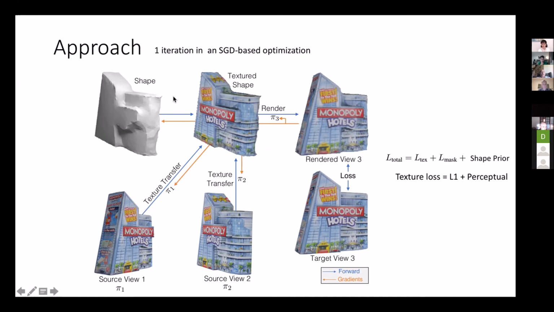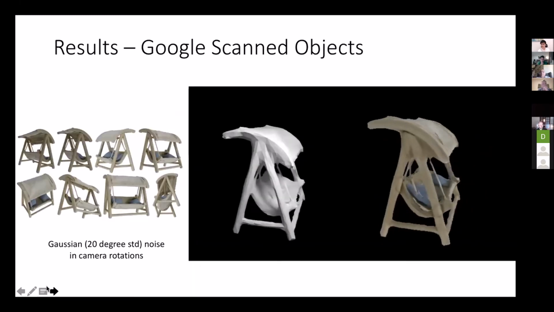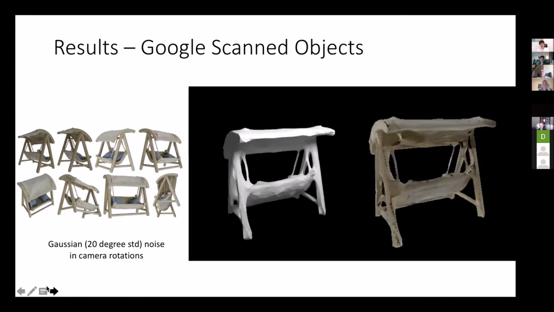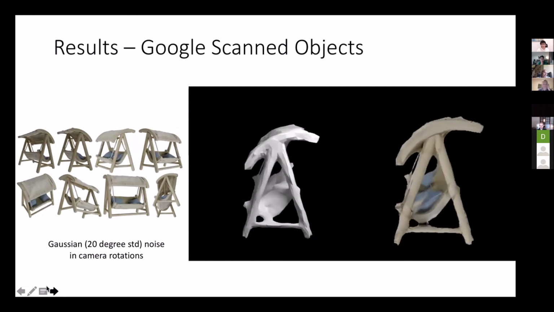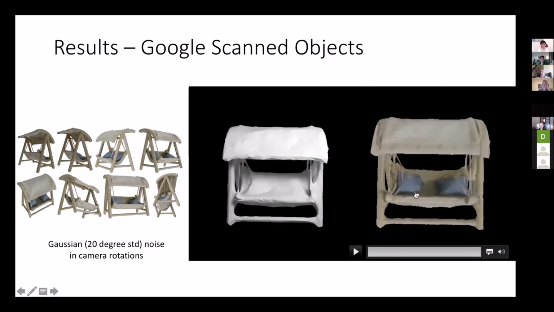Hopefully the shape gets a little bit better and the cameras get a little bit better. And that's it. You're done. You've learned the whole algorithm. You don't have to read the paper. I'll just show you some pictures and try to convince you that this actually works. Here are some 8 views, and this is the 3D reconstruction.